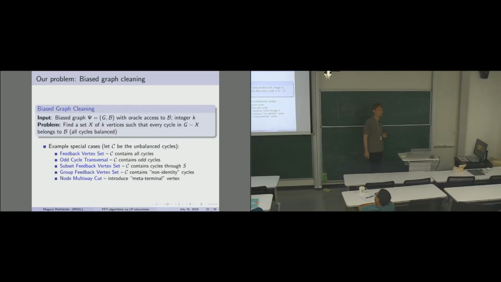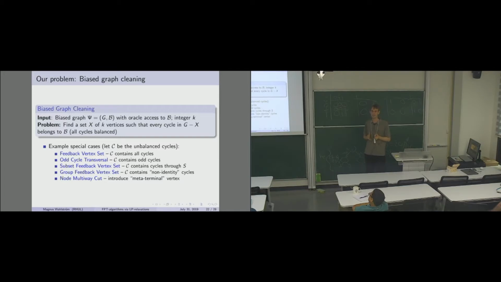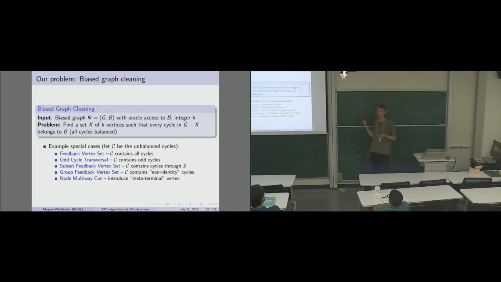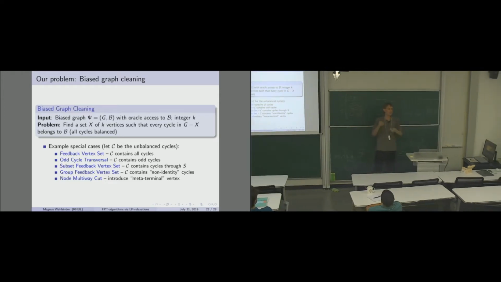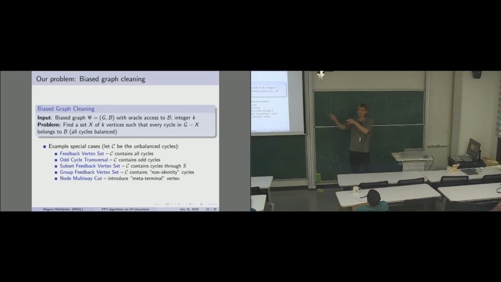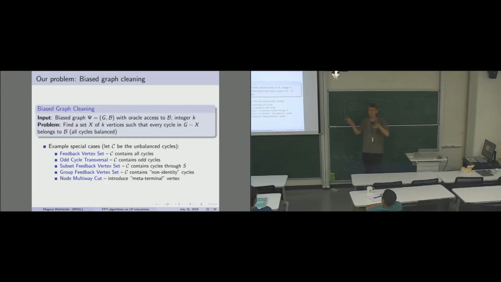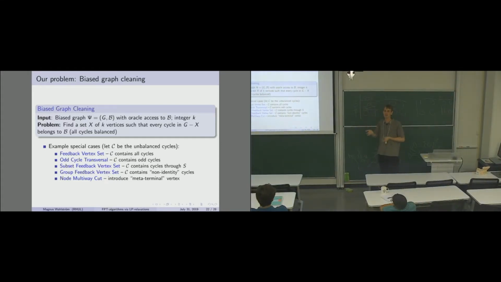And extremely surprisingly, you don't need any more assumptions about the biased graph class other than oracle access, yes or no, in order to solve this. It seems on the surface that it should be able to hide some unbalanced cycle somewhere you can't find, but this condition somehow means that you don't need anything more than the oracle access.